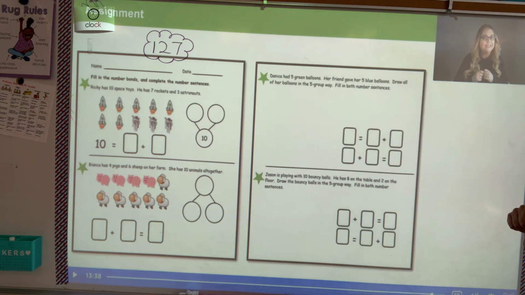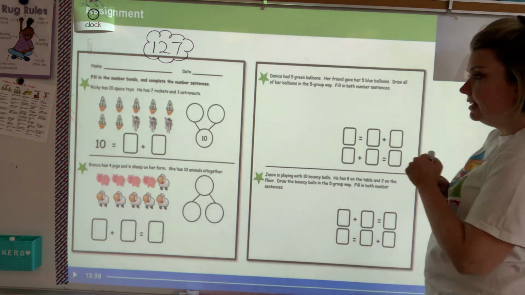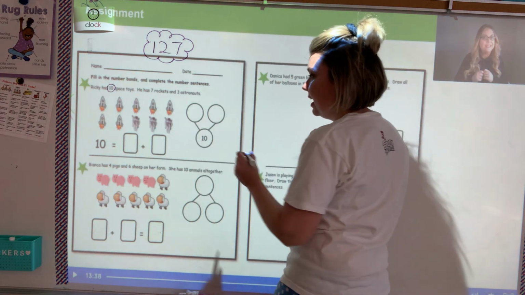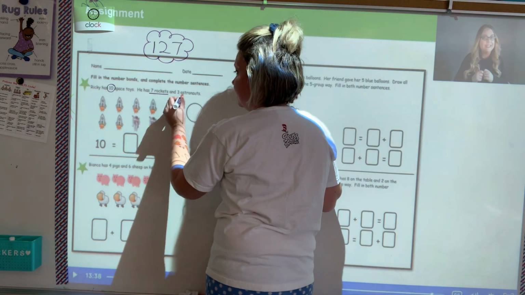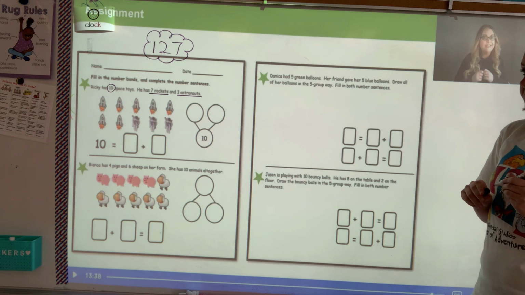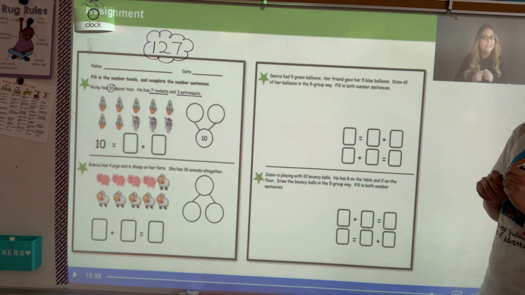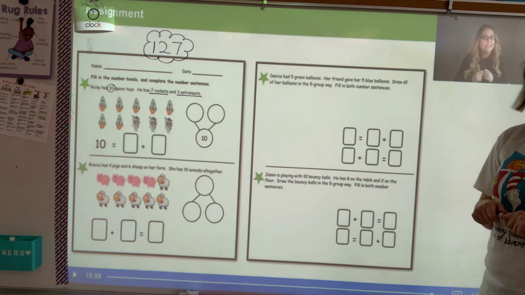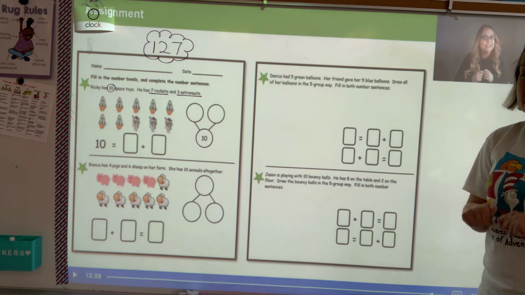It says Ricky has 10 space toys. He has 7 rockets and 3 astronauts. It wants us to fill in the number bond and the number sentence. What part of my number bond is already filled in?